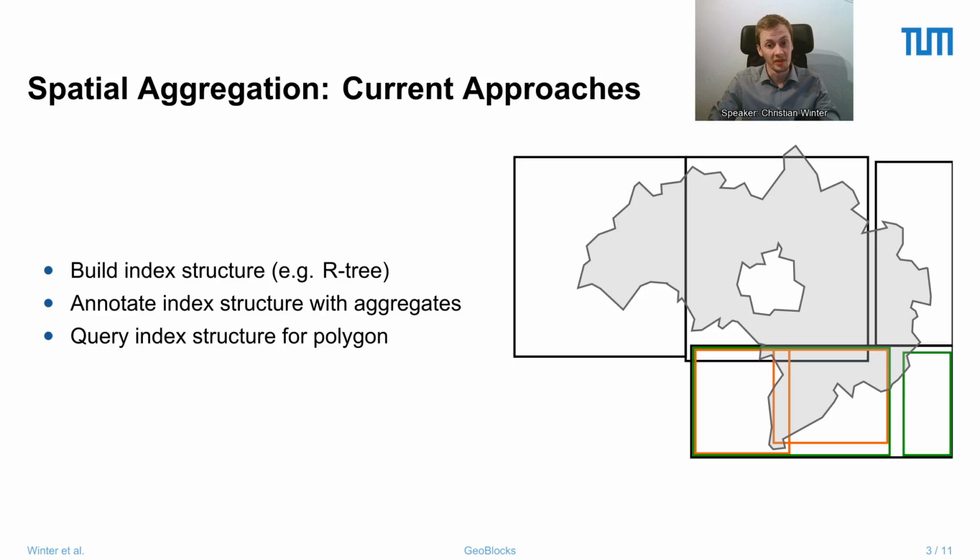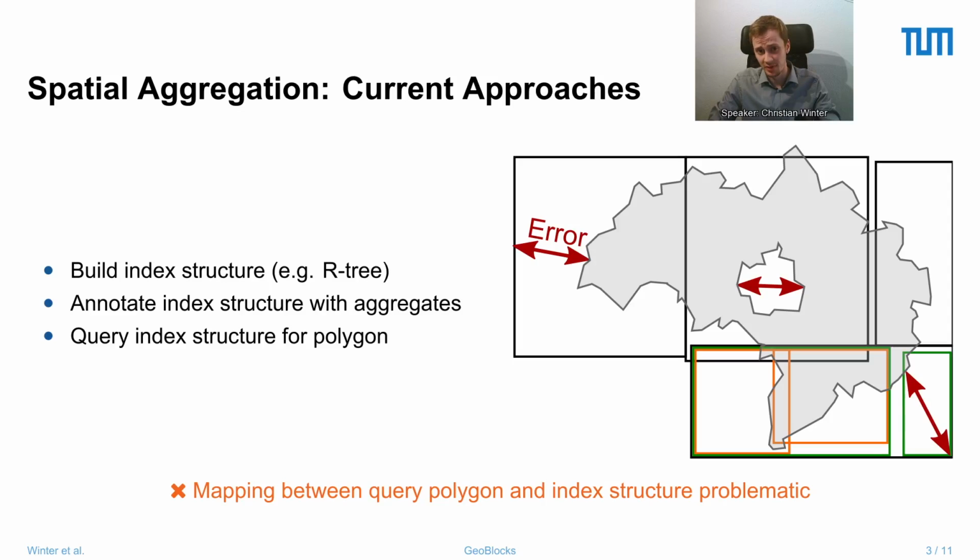By this we already achieve pretty high throughput and low query latencies, but you can already see here that the approximation is a bit problematic. As the index is built based on the distribution of the points and not the query polygon, the result cannot really be error bounded. Furthermore, we have some additional problems with overlapping nodes, which requires expensive reassignment.